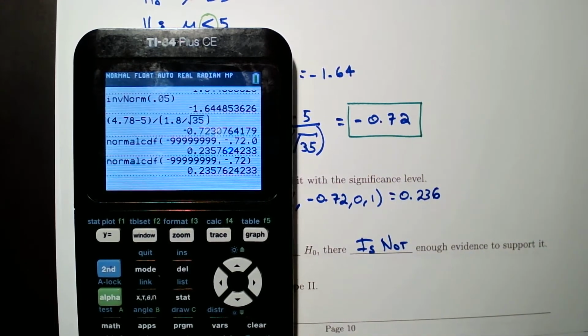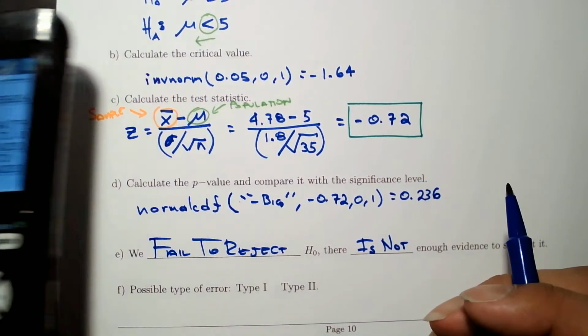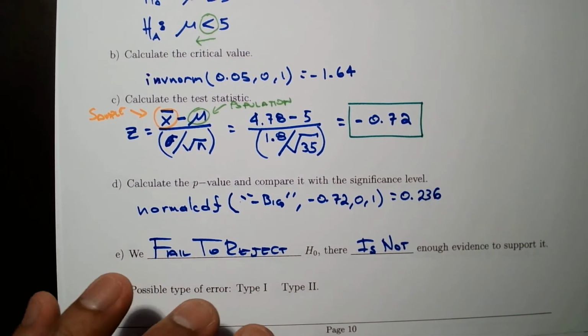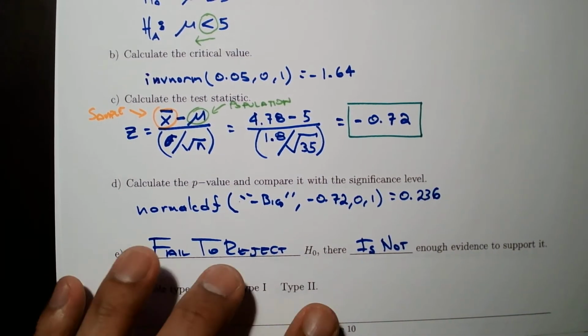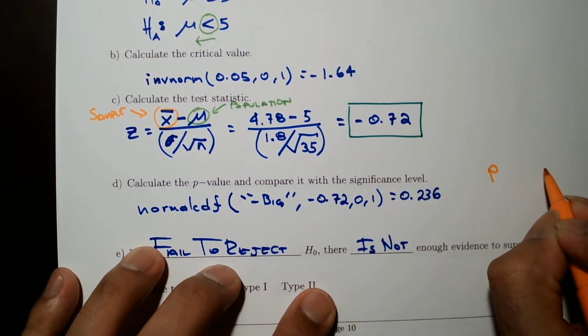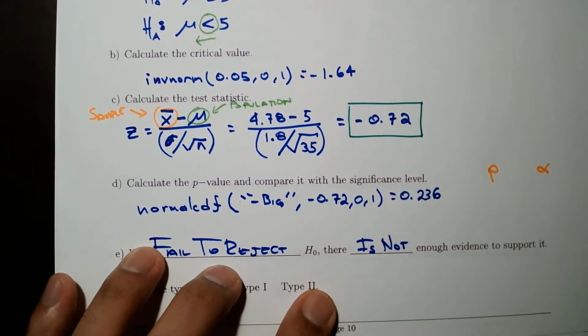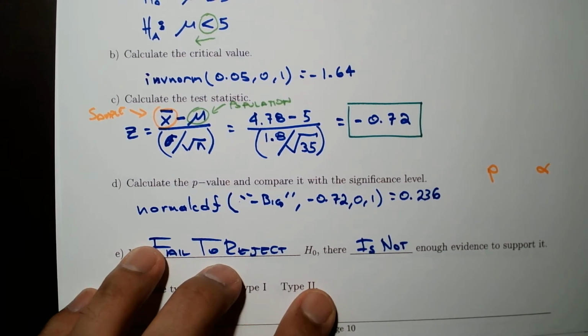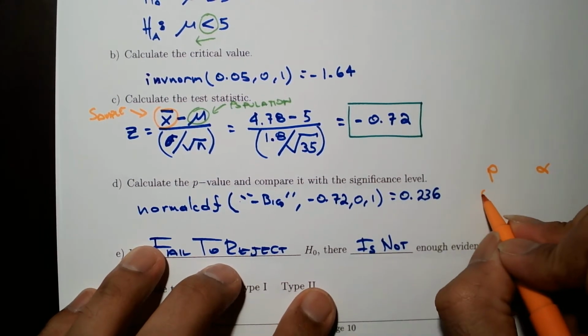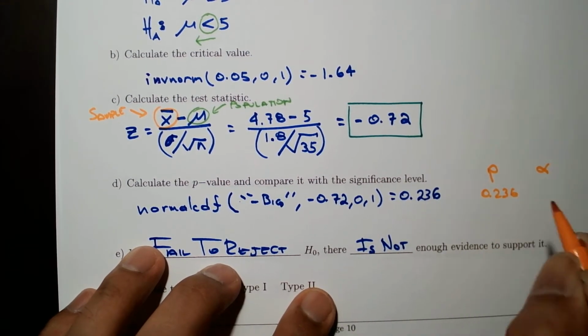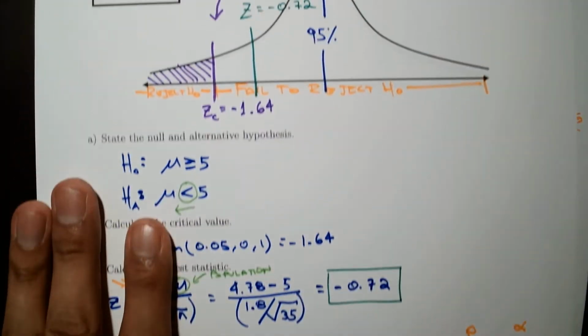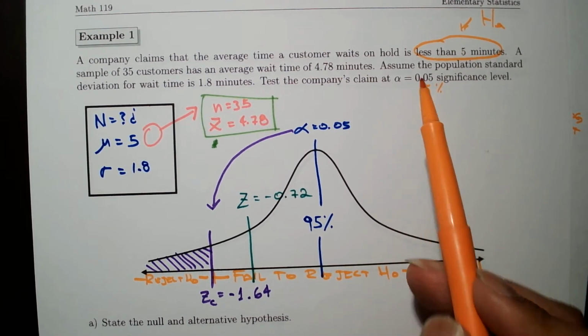Z-scores are rounded to 2 decimal places. Now I'm going to put the p-value versus alpha and see which one is bigger. In this case, p is 0.236. But alpha, what was alpha? 0.05.